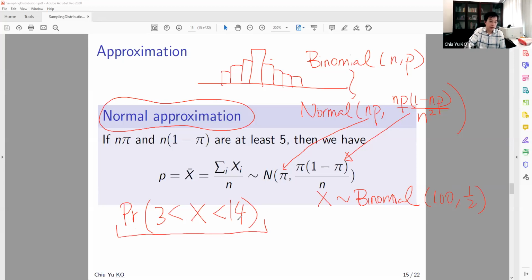What it says is you can consider it as a normal. When n pi and n times 1 minus pi are at least 5, which is satisfied in this case, then you can convert it to Z. That is the idea.